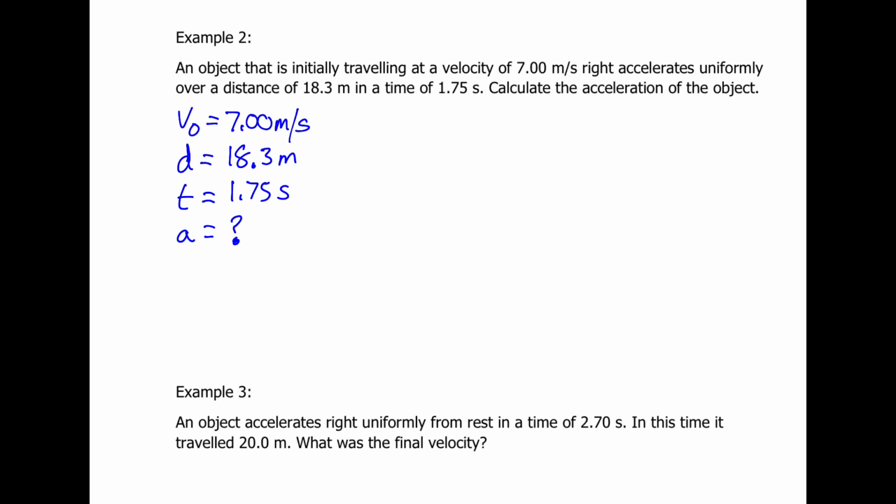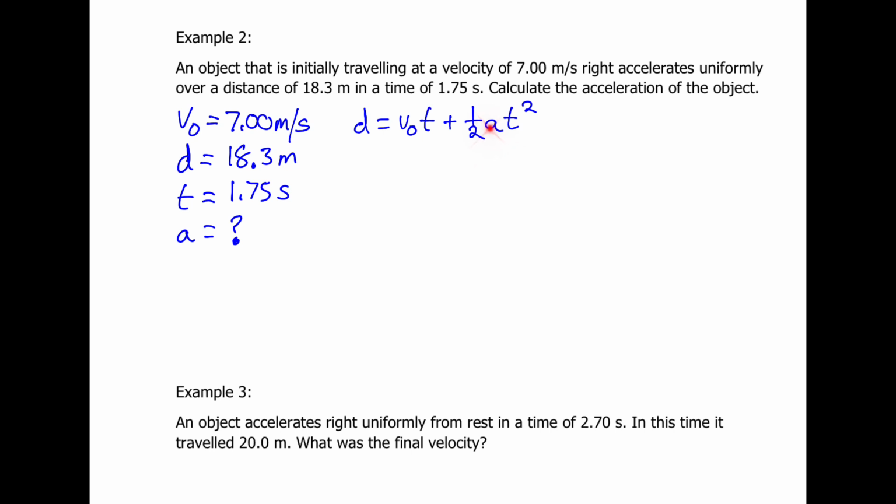We're going to use the third formula, which is displacement equals v naught t plus half a t squared. Fantastic. So the good news, that's our formula. The bad news is I want to find a. This is my unknown.